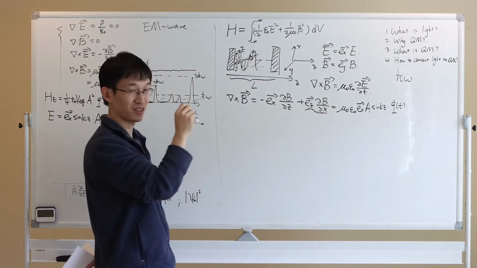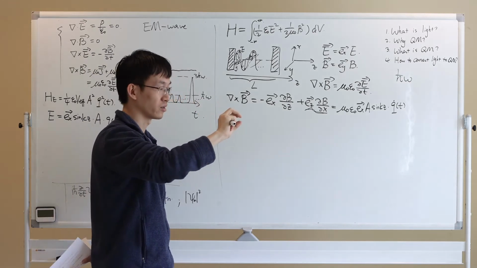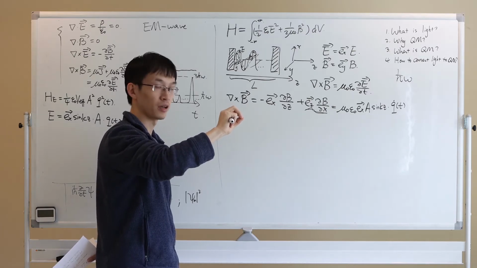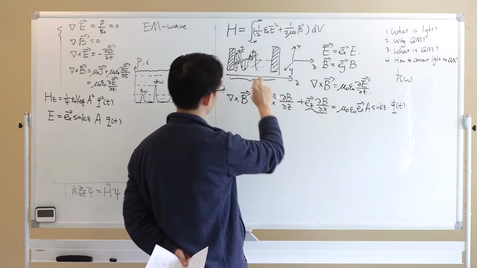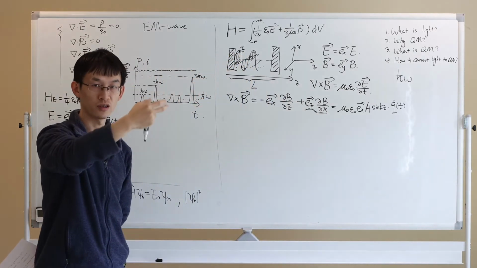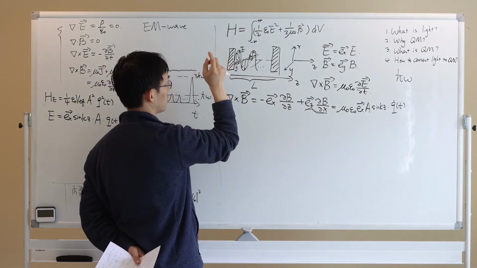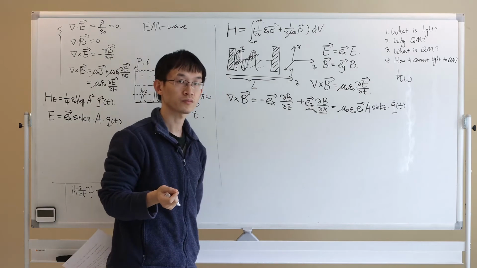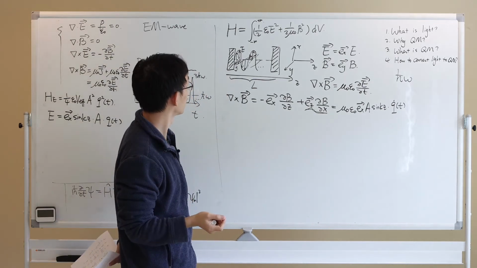So this kind of tells you that we're still approximately in a plane wave approximation. Otherwise, what this tells you is that the distribution across the xy plane is still relatively flat.